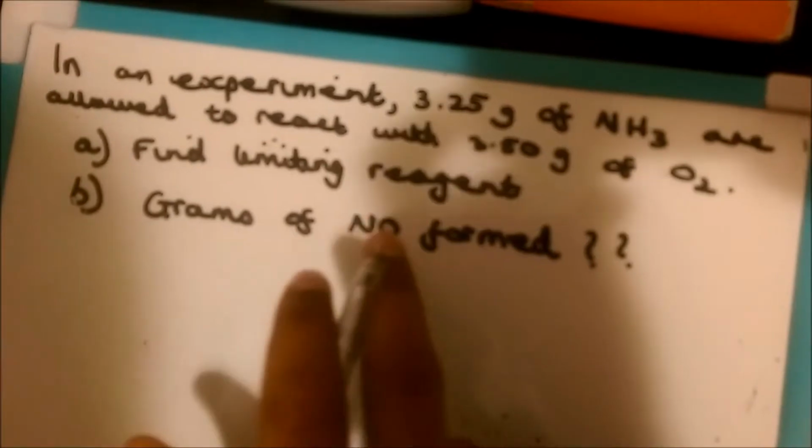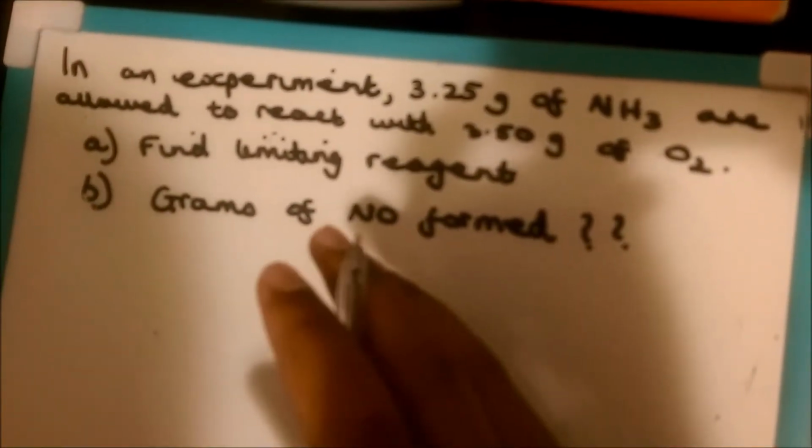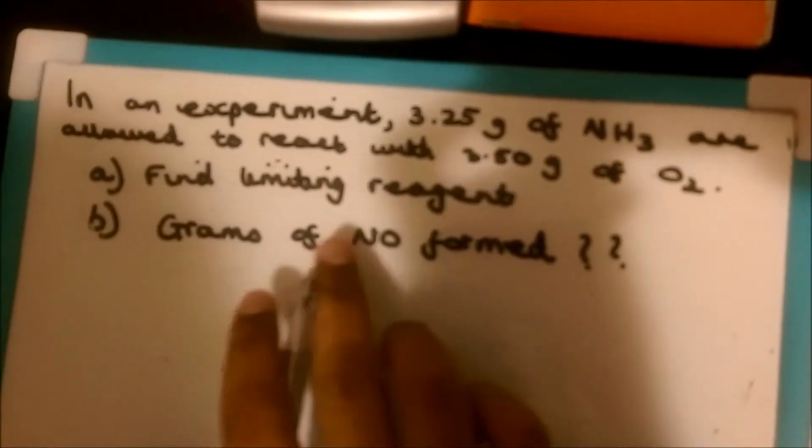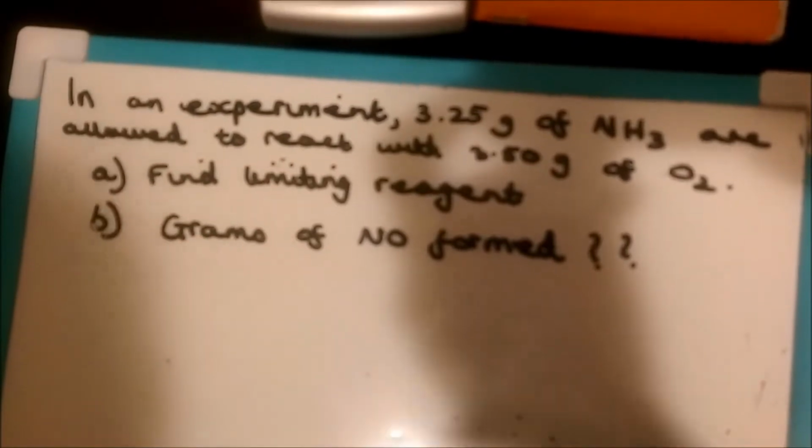And I just want to say that I hope the terminology in this question is easier for you to understand after I have given you the definitions for limiting reagent and the excess reactant that remains. Okay, so starting off, finding the chemical formula.